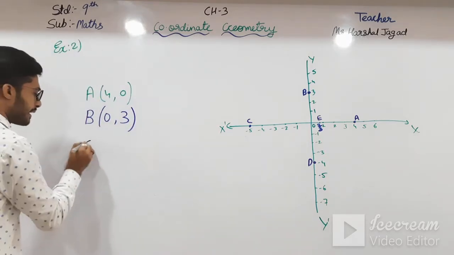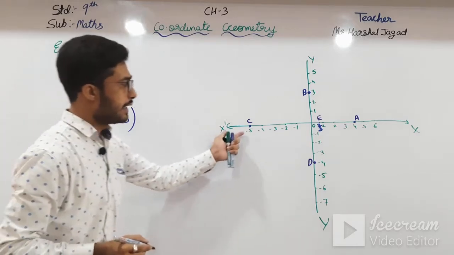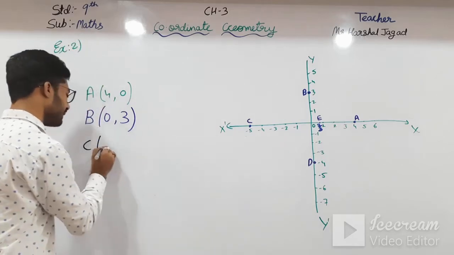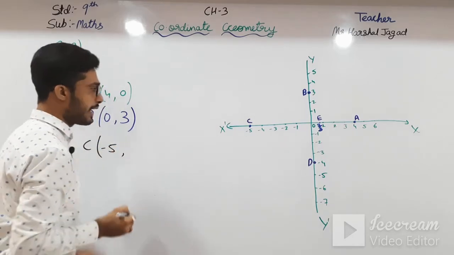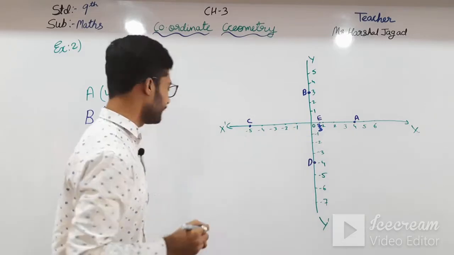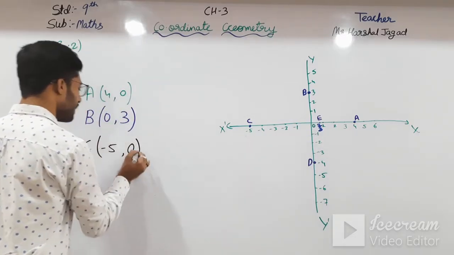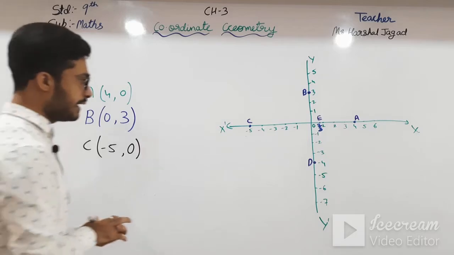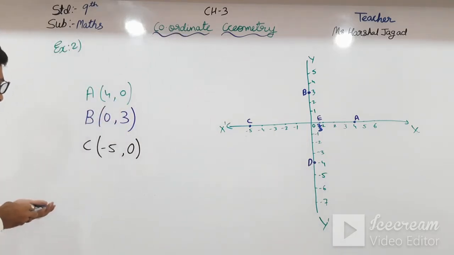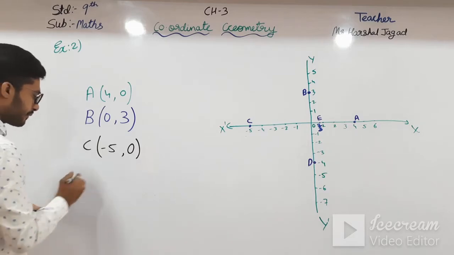I am writing C: in the x coordinate it is -5, and in the y coordinate it is 0. And going towards the coordinate D.